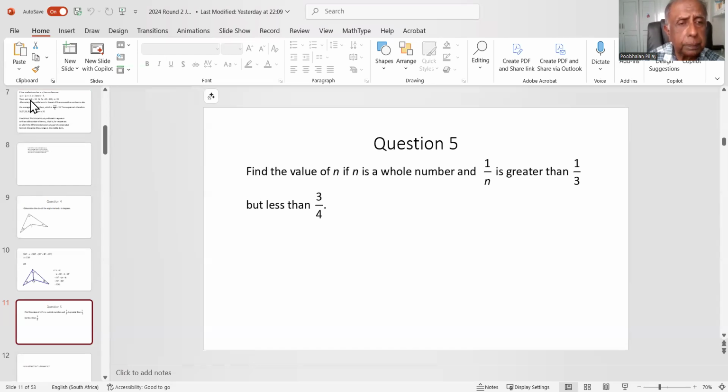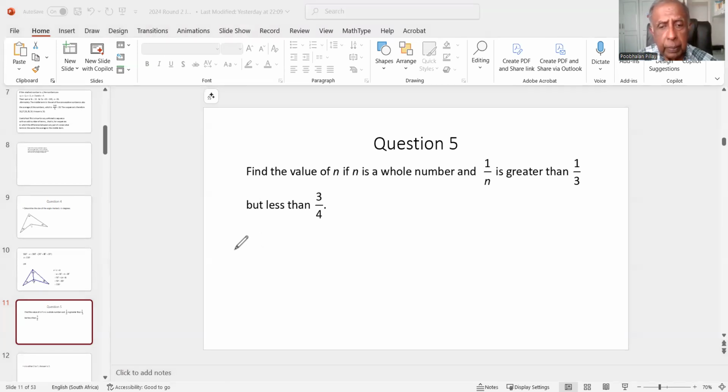All right, so your natural way of doing this will be to say that 1 over n lies between 1/3 and 3/4, and then try to calculate n there. N is a whole number.